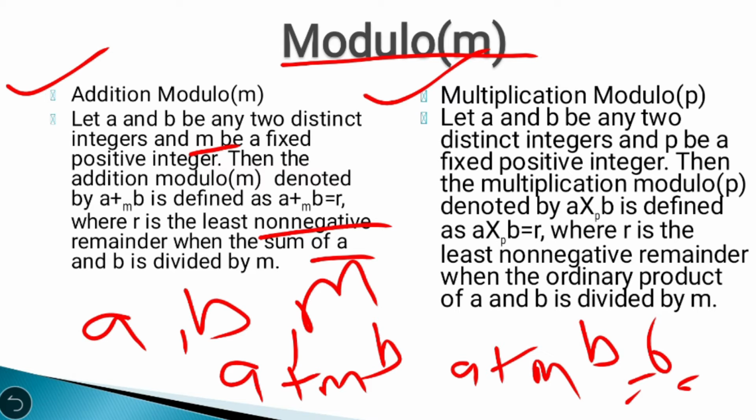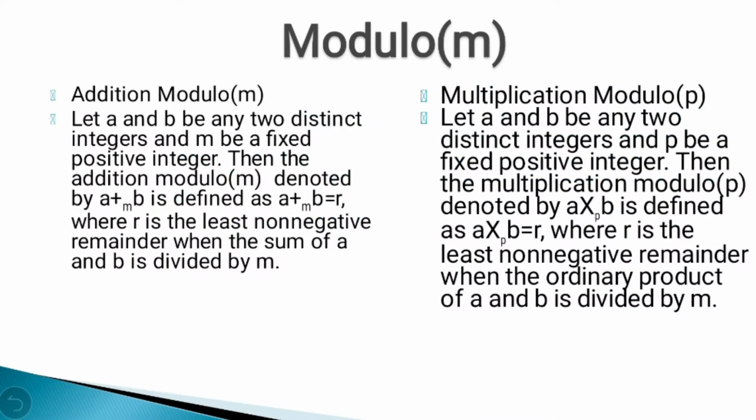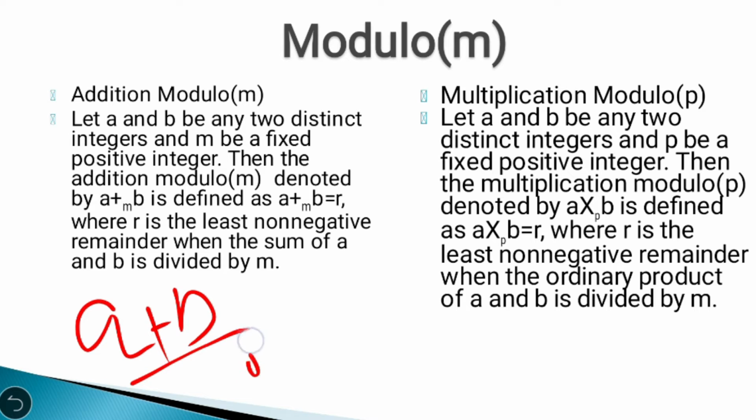Means if we divide the sum a + b by this fixed integer m, then the remainder will be our final addition modulo result.